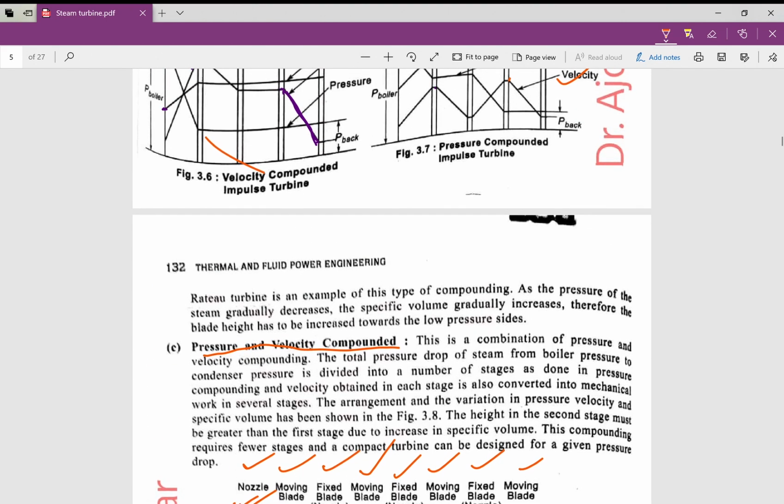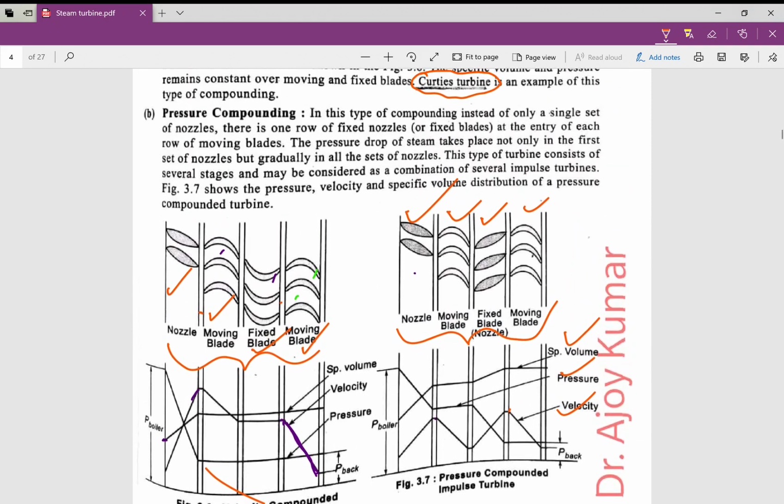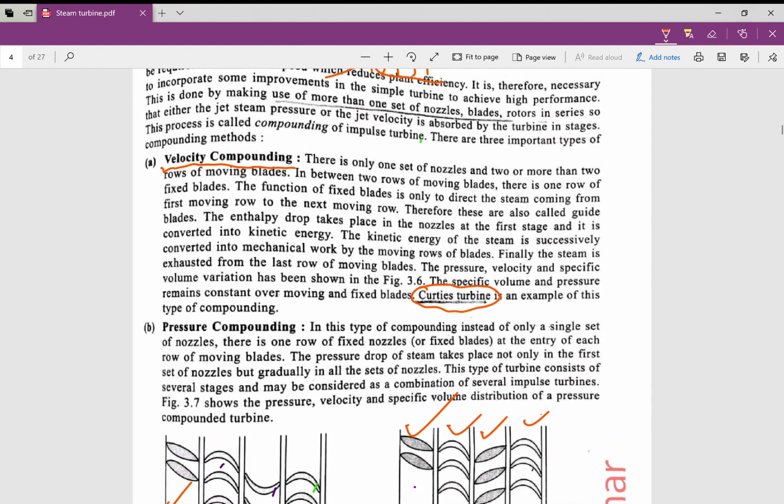Now, one thing, in comparison of these two turbines, velocity compounding, that is your Curtis turbine, and pressure compounding, the efficiency of velocity compounding is less than pressure compounding.